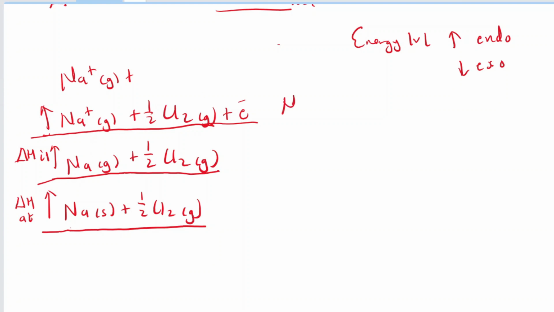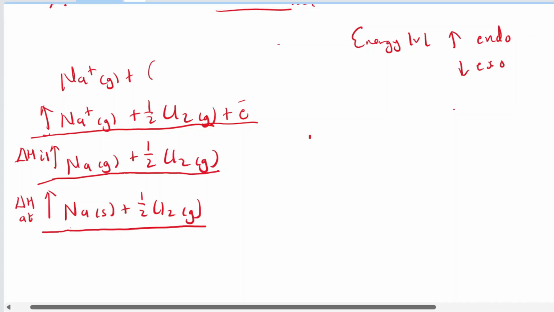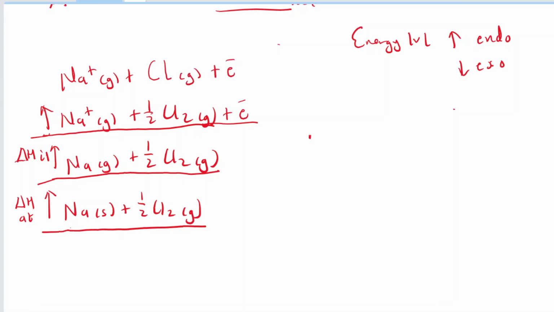So Na became Na plus plus electron. So this electron is what I've added over here. Hope that makes sense. Right, let's continue. So the next one, we say that the chlorine will become an atom. So this is going to become just a Cl gas, and our electron is still going to remain.